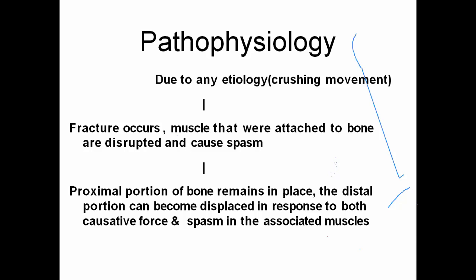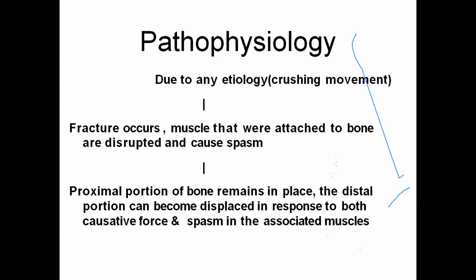The muscles that were attached to the bone are disrupted, of course. Your bones are surrounded by tendons, ligaments, and muscles. If you have a fracture, the muscles attached to the bone are disrupted and cause spasms.